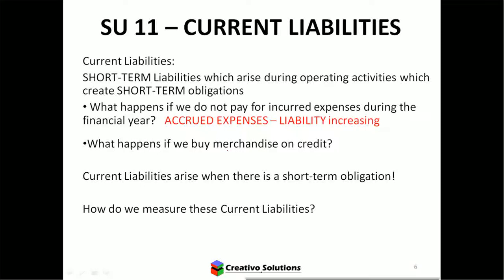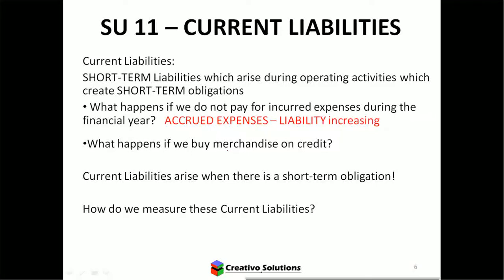All right, what happens if we buy merchandise on credit? Is there going to be a liability? Yes, there would. What would the liability be called? Creditors, very good. Why do I call it creditors? It's because we have a credit purchase.